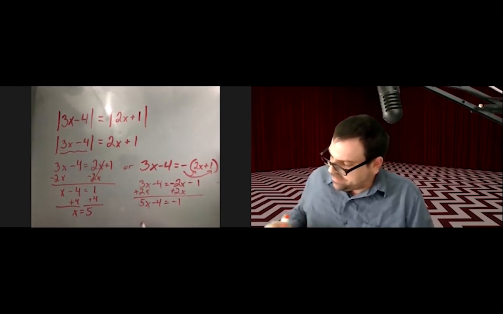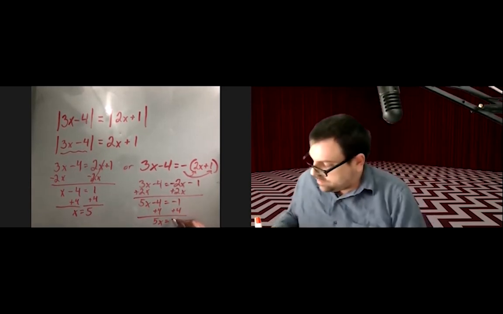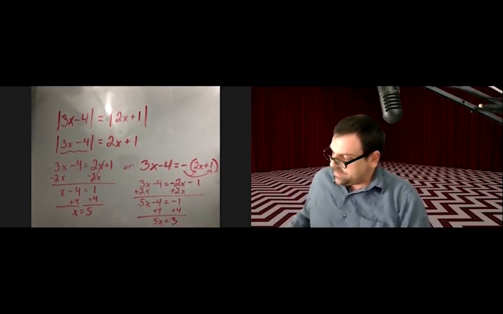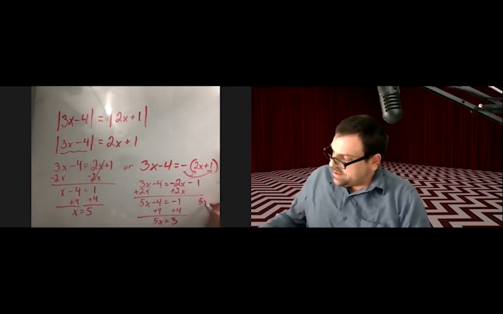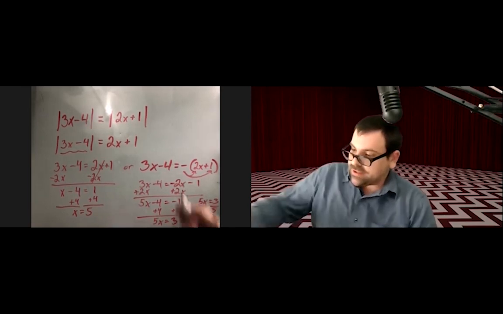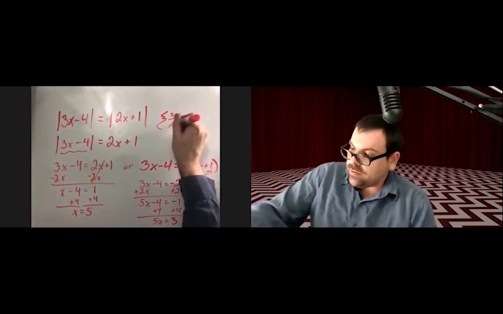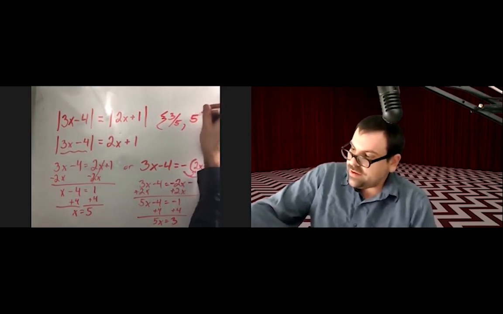I'm going to add 4 to both sides. So 5x equals negative 1 plus 4, positive 3. And if I divide both sides by 5, I'll get x equals 3/5. So my two answers in my solution set: 3/5 and 5.